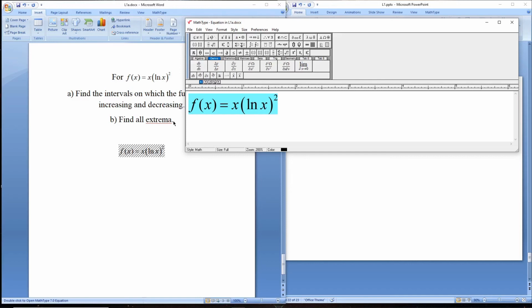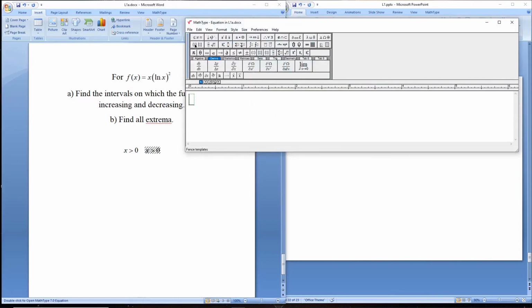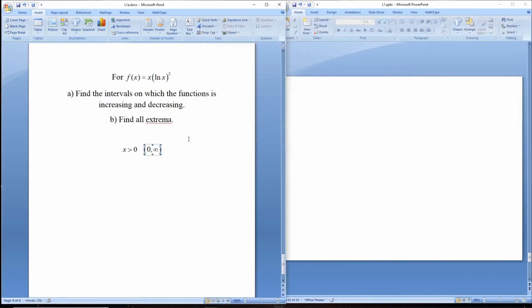You can take the square root of 0, but you can't take the log of 0. So our domain here is everything greater than 0. And if you like that in interval notation, you have 0 to infinity for our endpoints.